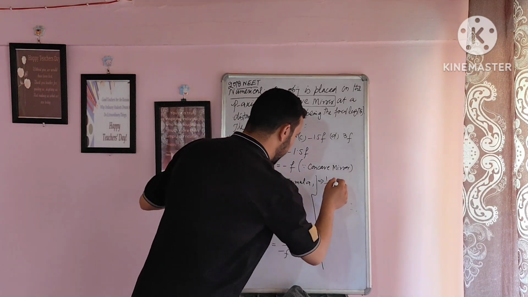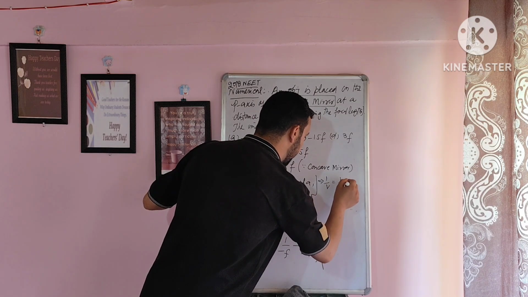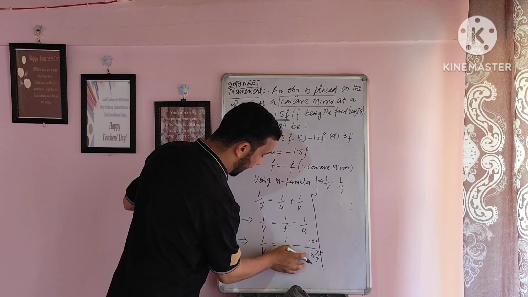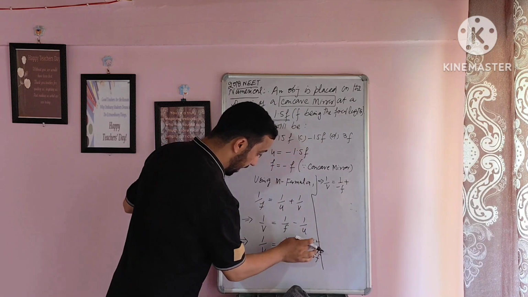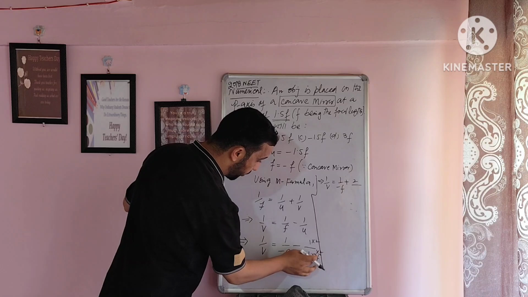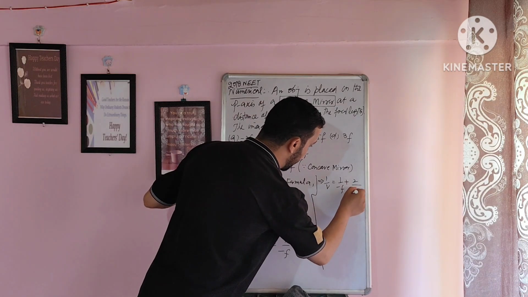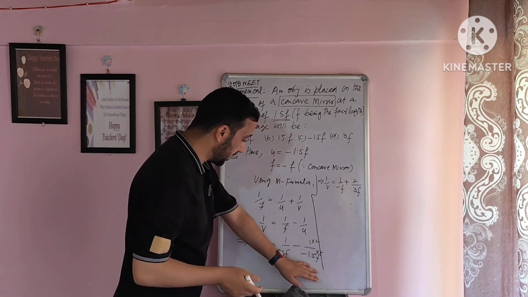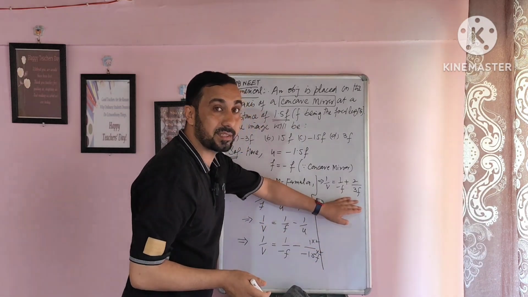What we will get is 1 upon minus f, there is minus, and this is minus. Minus into minus becomes plus. 1 into 2 is 2, divided by 1.5 into 2, that is 3f. Okay, so we have got rid of this decimal to make our calculations easier.